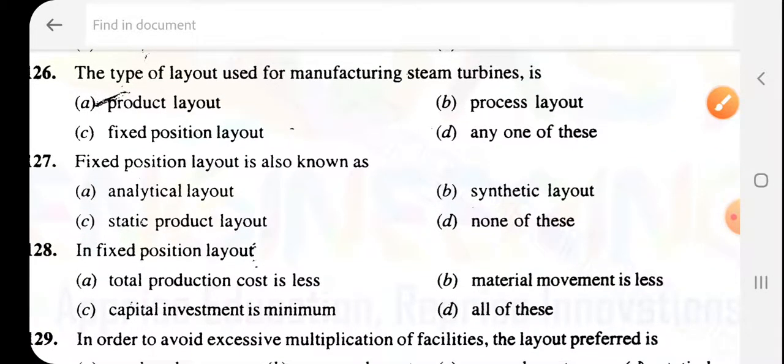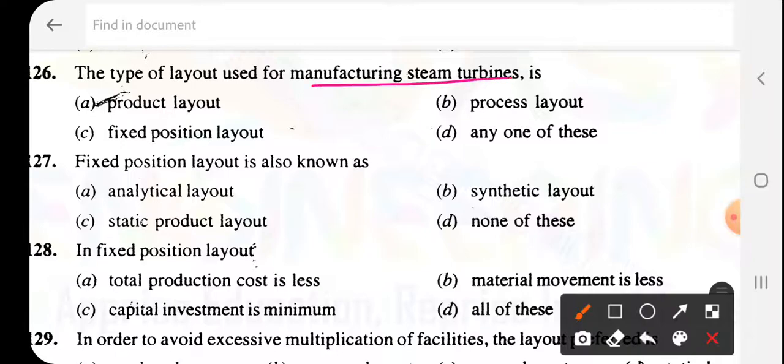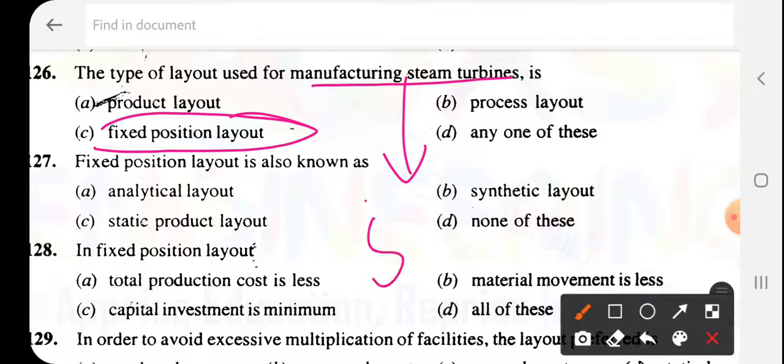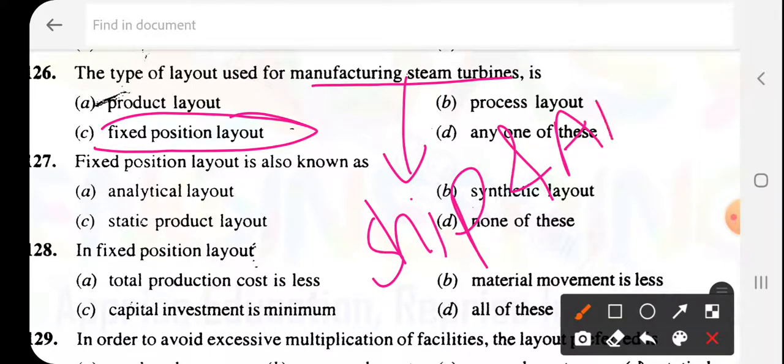126, a type of layout used for manufacturing steam turbine is, so the steam turbine means very big, so we'll use a fixed position layout, like a steam turbine, ships and big aircraft.